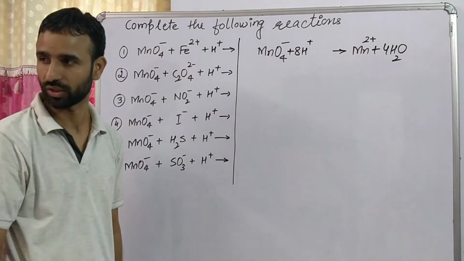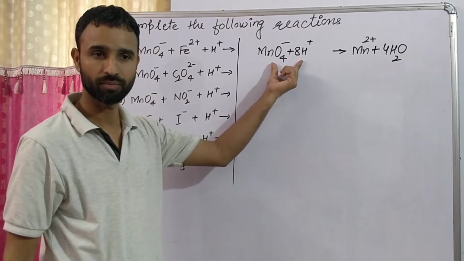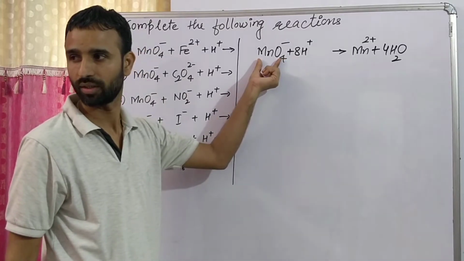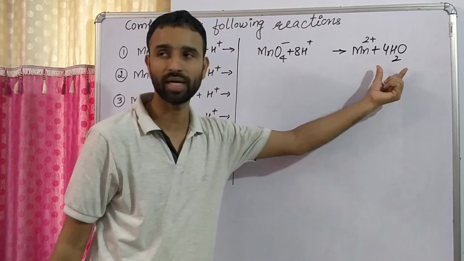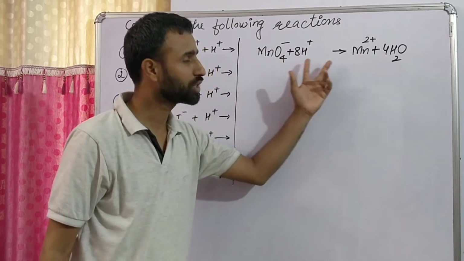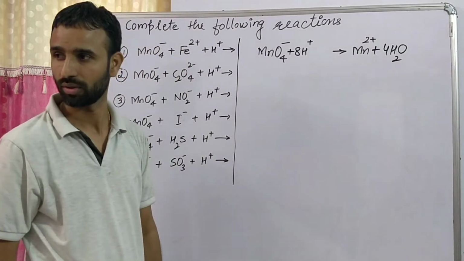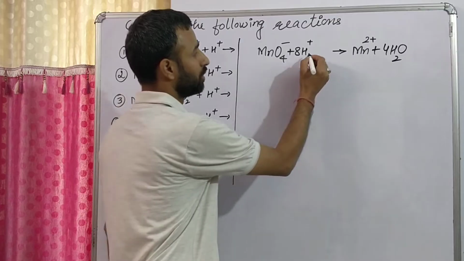Now we balance the charge. On this side there are 8 positive minus 1, total 7 positive. On the other side, 2 positive. To balance the charge, we have to add electrons. How is it 7 positive on this side?